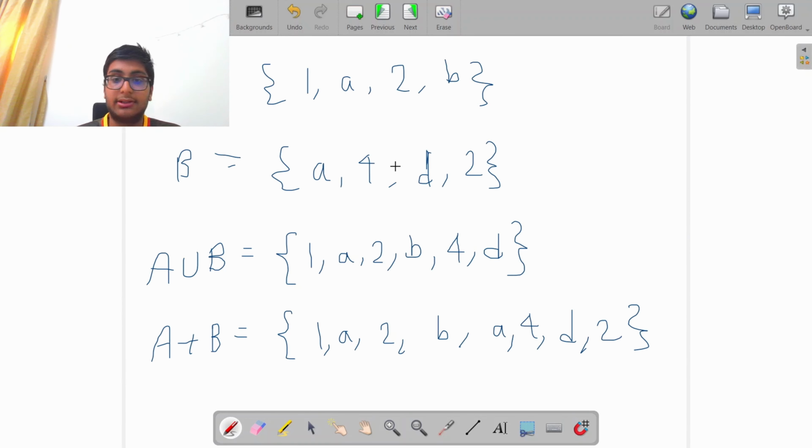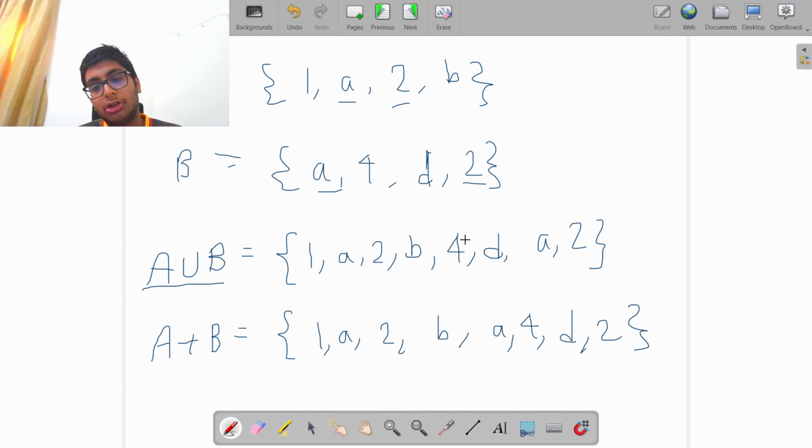So when you do A union B, what is being repeated in both sets? A is being repeated and 2 is being repeated. So I can write here the same set as A plus B. So it will be 1, A, 2, B, 4, D, A, 2.